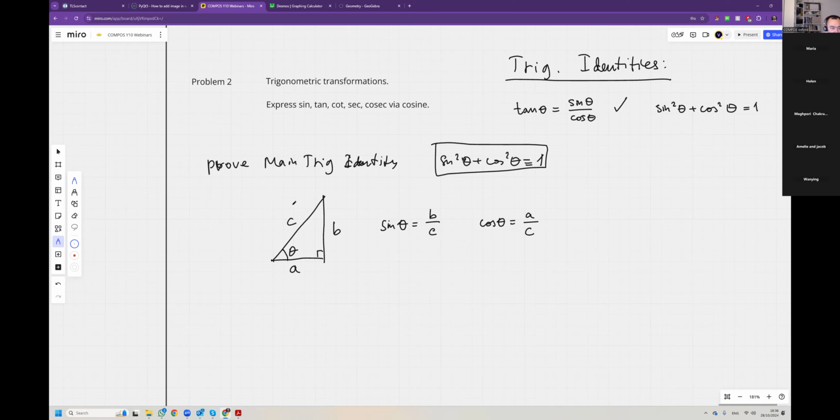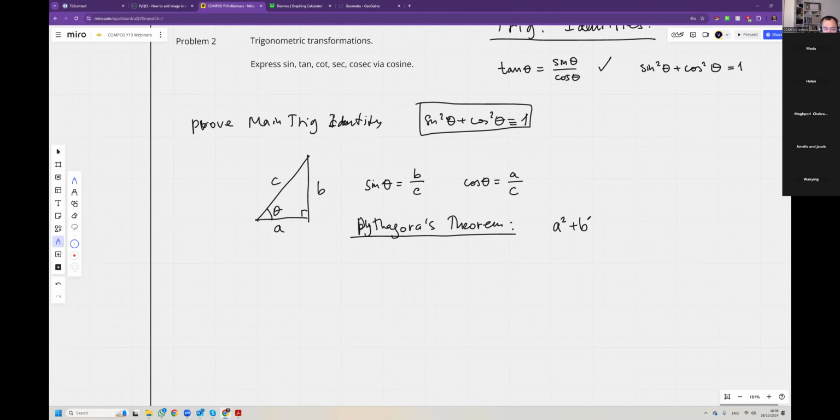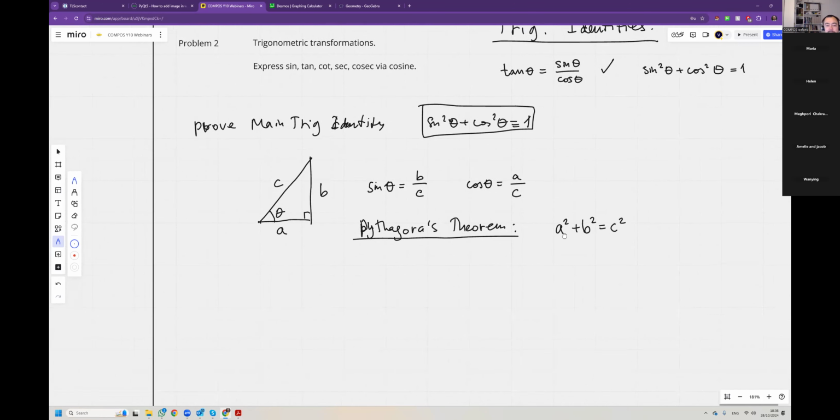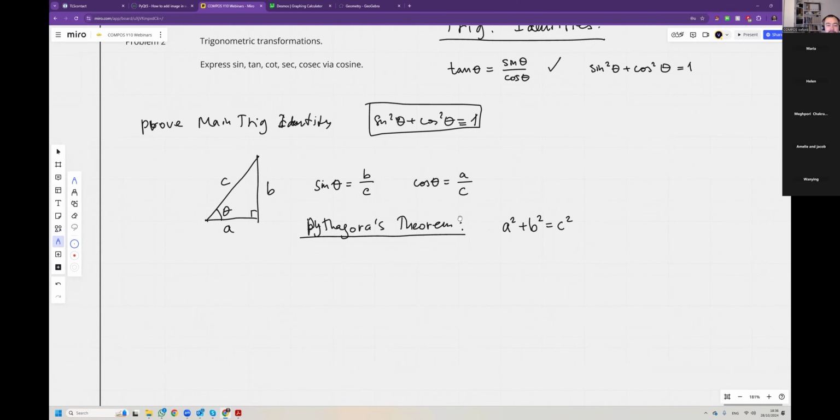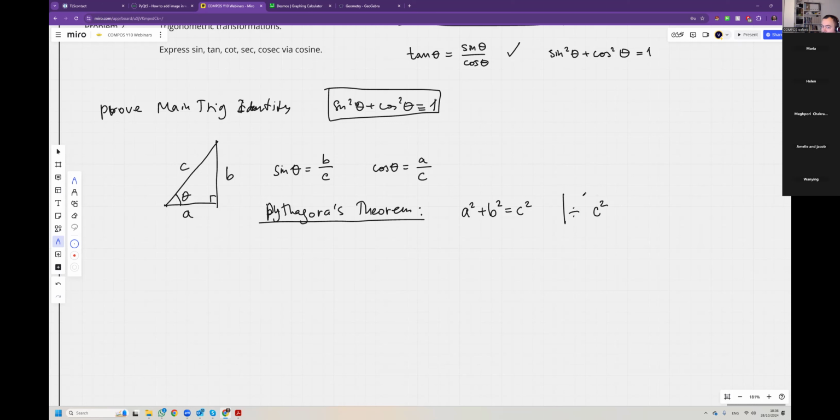Now, Pythagoras theorem, which I hope you have proved in school. Pythagoras theorem is a squared plus b squared equals c squared. Divide all of them by c squared. Now, hypotenuse cannot be 0, so we're definitely not dividing by 0, so we are allowed to do that.